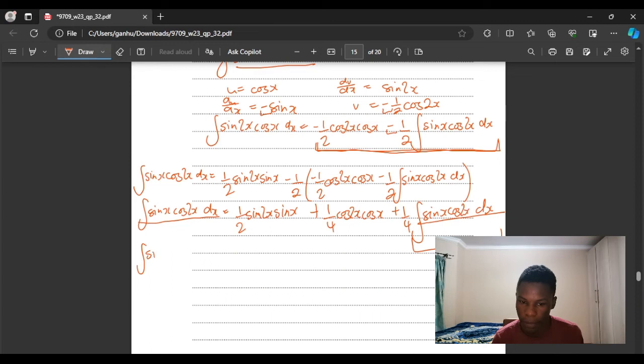So this becomes the integral of sine x cos 2x dx minus 1 over 4 the integral of sine x cos 2x dx, which is equal to half sine 2x sine x plus a quarter cos 2x cos x.